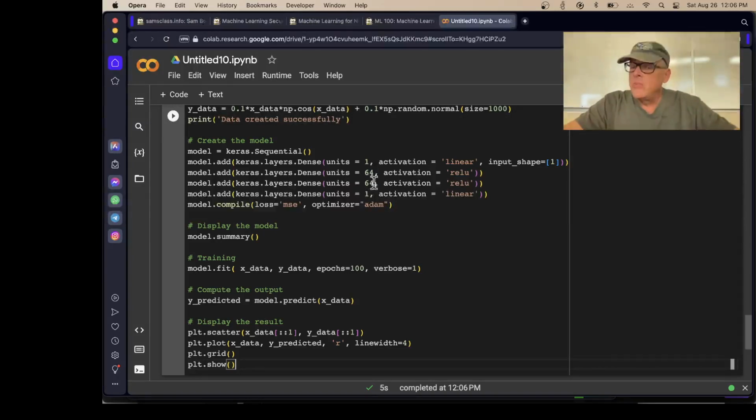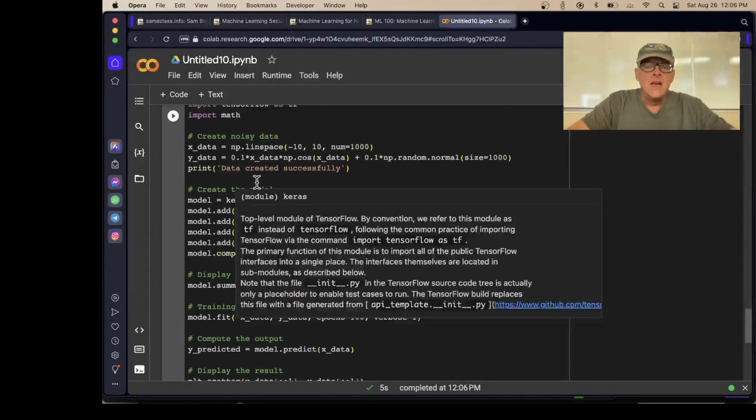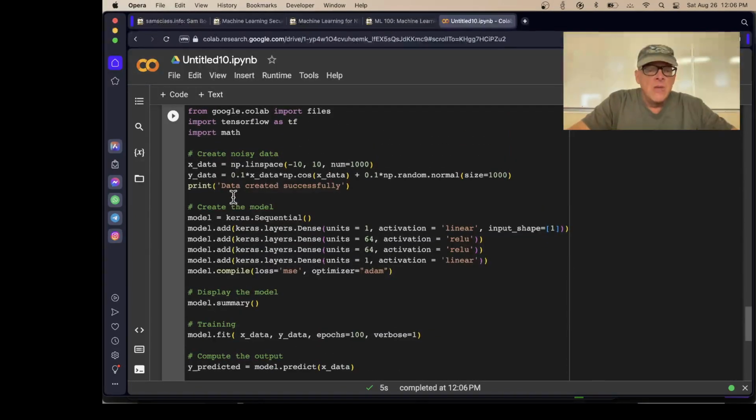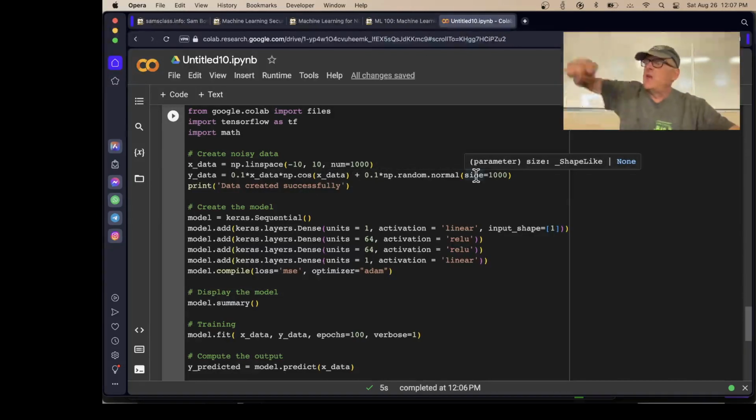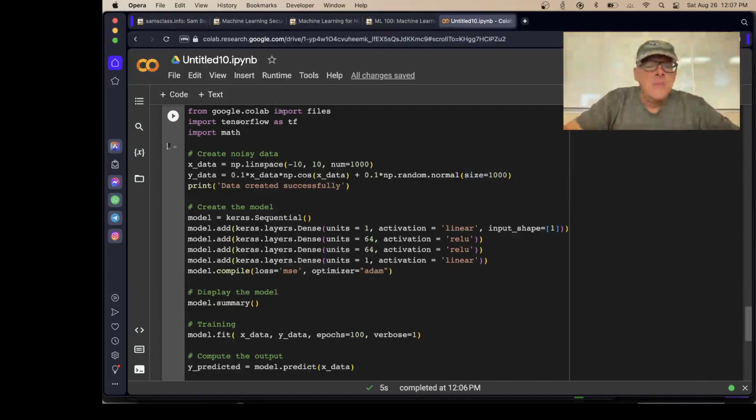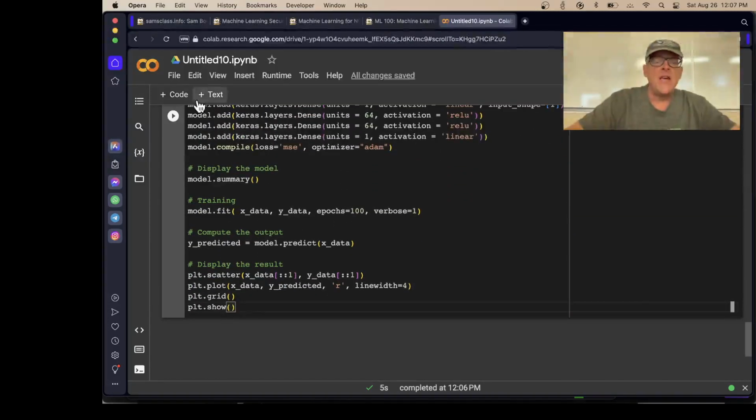So there's a lot more processing in the middle, and it can do things far more complicated than just a straight line. And what we're going to use is 0.1 times X times cosine X plus some randomness. So it's going to be a curvy, wavy thing. And then we're going to plot out the answer so we can see it.